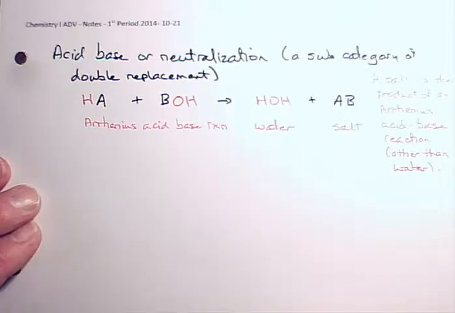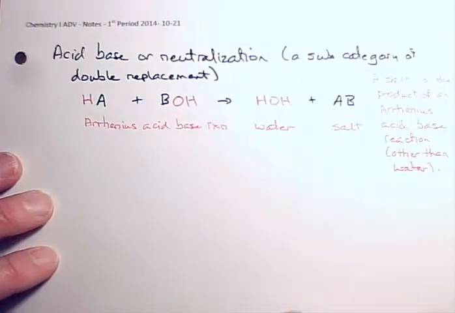If I take sulfuric acid and react it with milk of magnesia, magnesium hydroxide, I'll get Epsom salts. Okay, so milk of magnesia is basically a base. It's just magnesium hydroxide, with a little water in there.